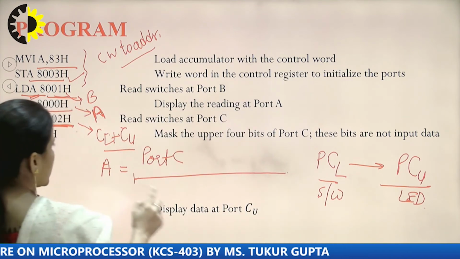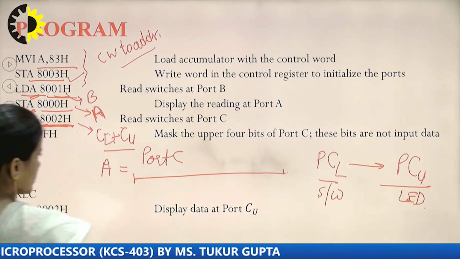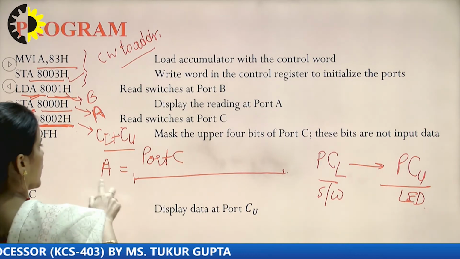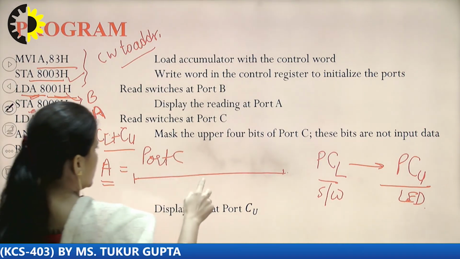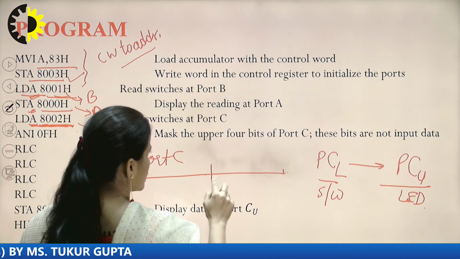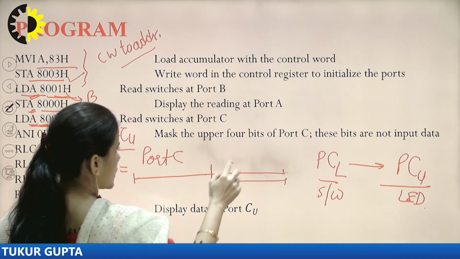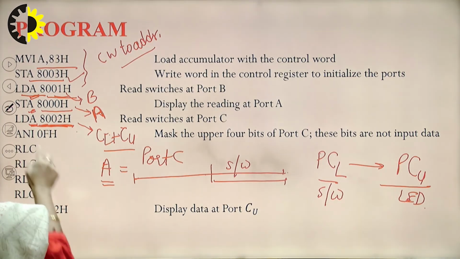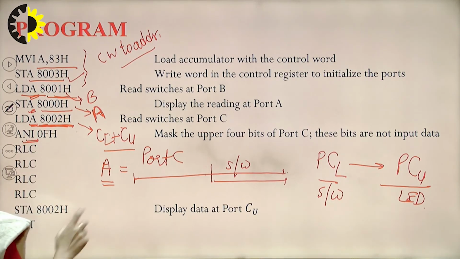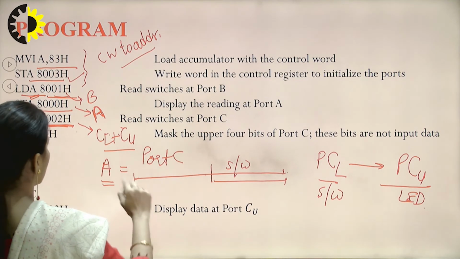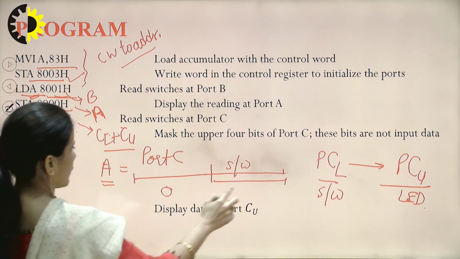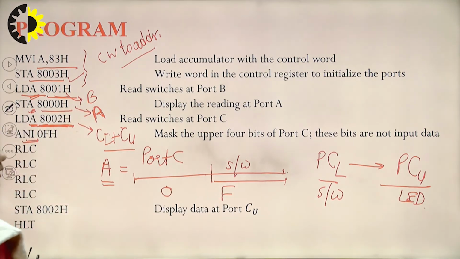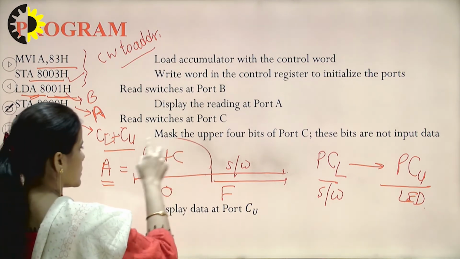Now we have obtained the whole port C in the accumulator, but we are concerned with the values of port C lower only because switches are connected here only. So what we will do, we will AND this whole data with 0F. Why are we performing this? We are masking this part.